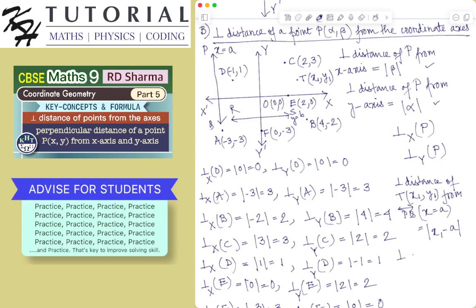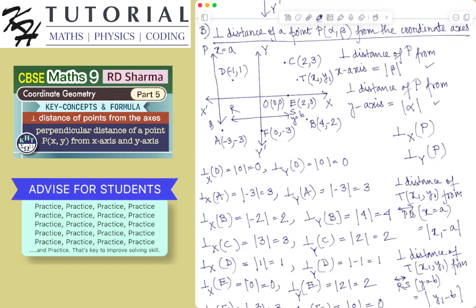So the perpendicular distance of the point T, whose coordinates are x1, y1, from the line RS, whose equation is y is equal to b, is equal to the absolute value of the difference of the ordinate of T and b, that is y1 minus b.